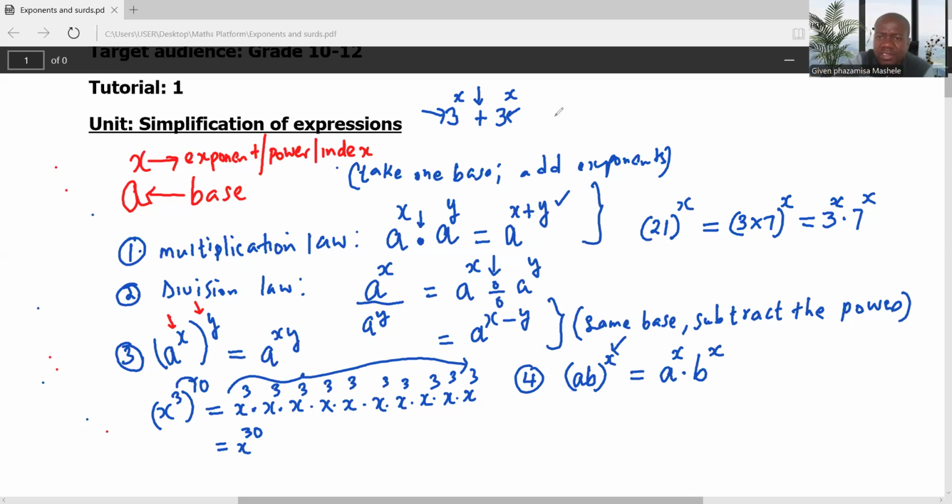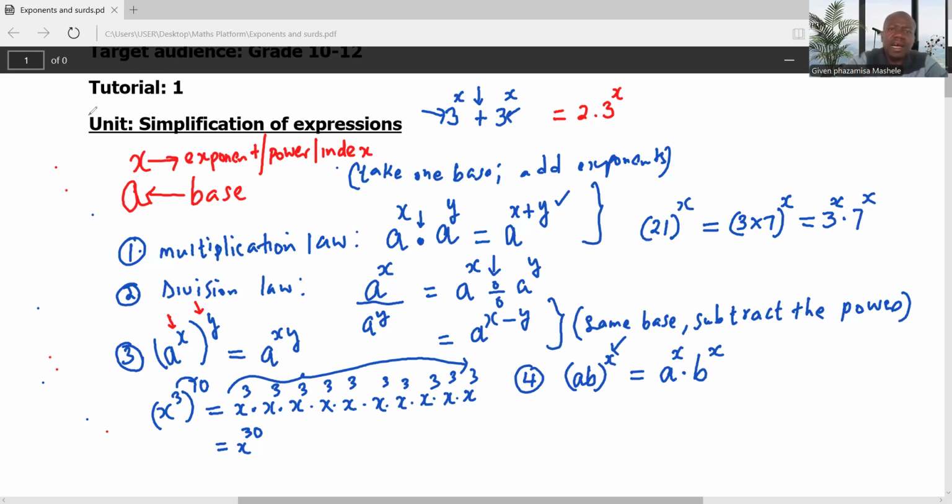These are like terms. This is the same as 2 times 3 to the exponent of x. It means we have 3 to the exponent of x, 2 of them. It's very important for you to know this.